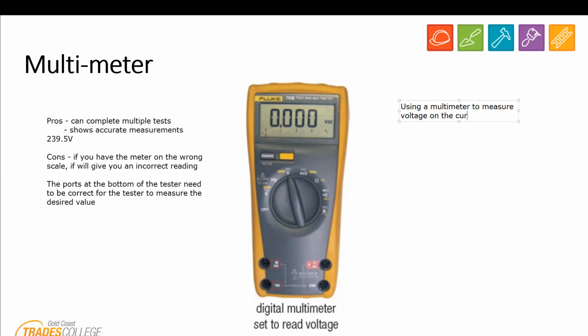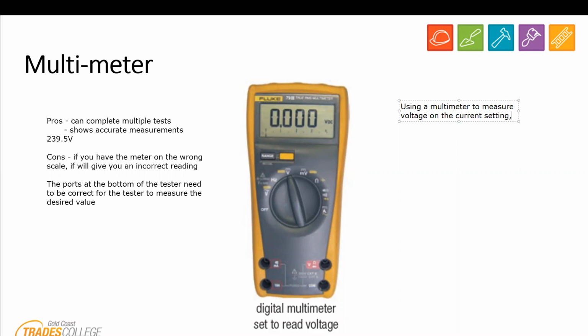on the current setting. Remember, we're connecting this across the supply from red to black. Now, an ammeter has a very low resistance, which means all the current in the circuit will go through your tester.